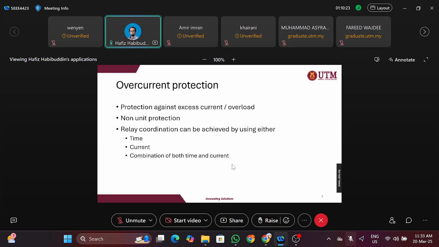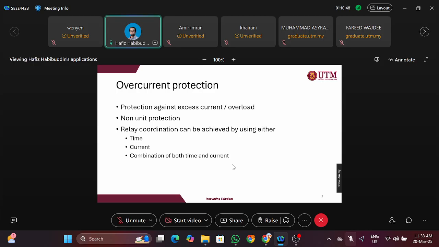It's coming from your load. You use more load, then of course it's overload. But fault current is different. Fault current is going to be way more than that, maybe 1000, 2000 amp, 20 times the rated current. So the focus is basically on the overcurrent due to a fault.